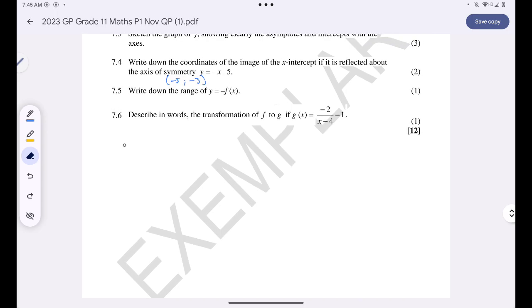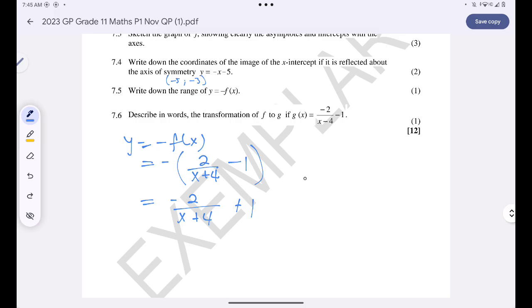Okay, y is equal to negative f of x. This is simply y is equal to 2 over x plus 4, minus 1, and then the negative sign will affect inside the bracket, and then this will be a plus.